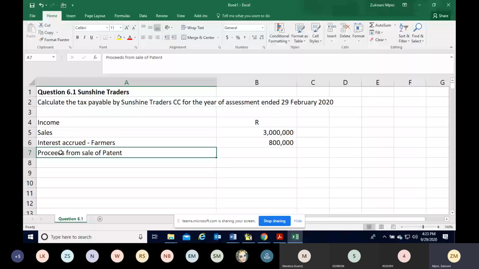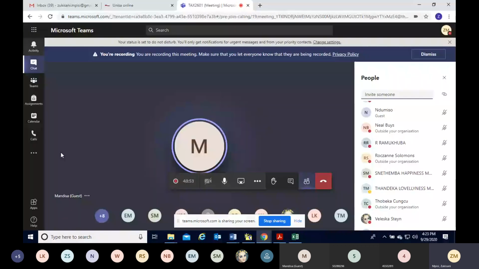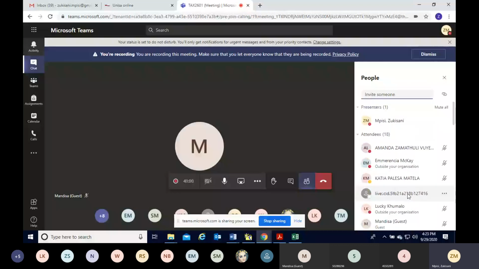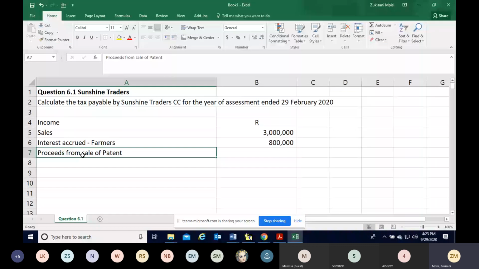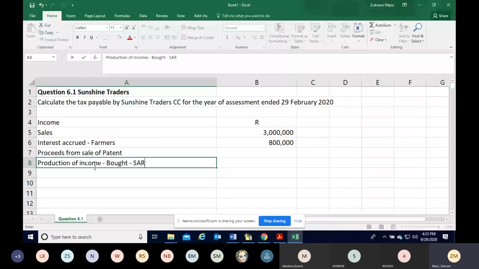Let me answer this one. Please take a note of it because it's very important that you understand why you are doing something. So what happens here is we have sold a patent. What was this patent used for? This patent was used for the production of income. I want you to remember that. So which means when you bought it, SARS provided you a capital allowance because they were of the opinion that the reason why you bought this asset was for you to be able to produce income.